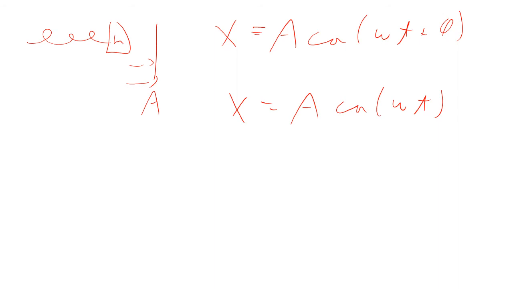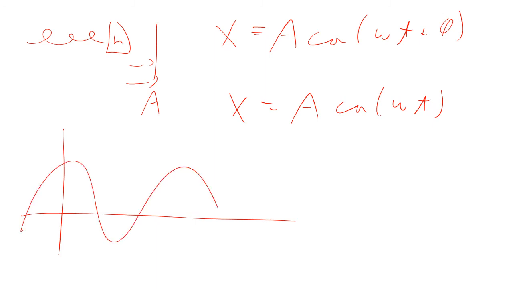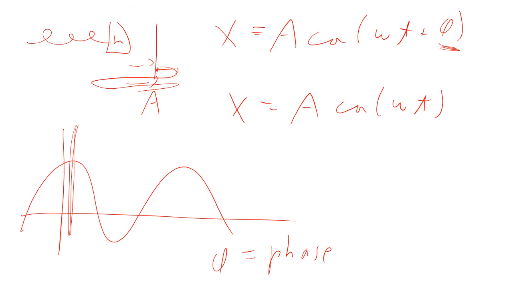If, on the other hand, I start my timer at any other time, in other words, if I don't start my timer right at the peak, if I pull it out and then toss it this way a little bit, it goes a little further, then that would be the case in which phi is not 0. So phi we call the phase factor, or sometimes the phase angle.